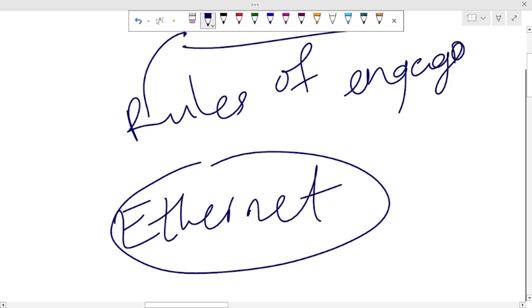Do we get the idea? So Ethernet is an example of a protocol. Protocols are sets of rules for engagement. I just hope we are getting what I'm trying to say here.